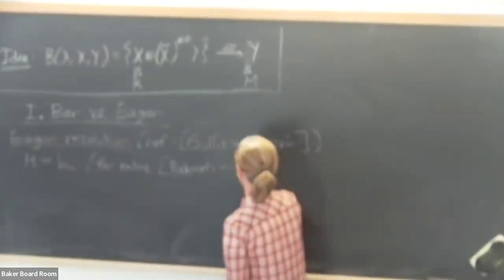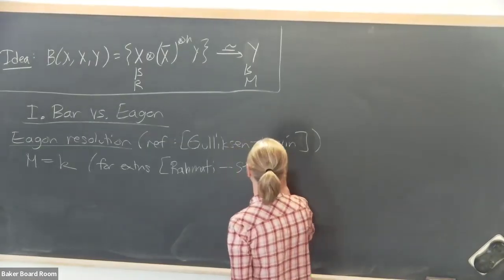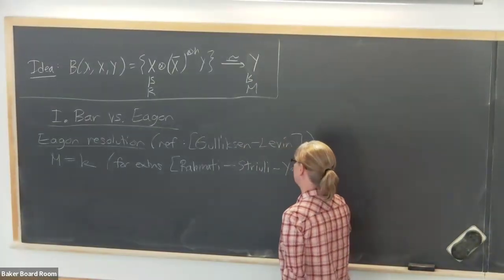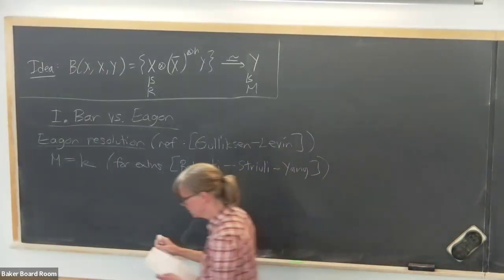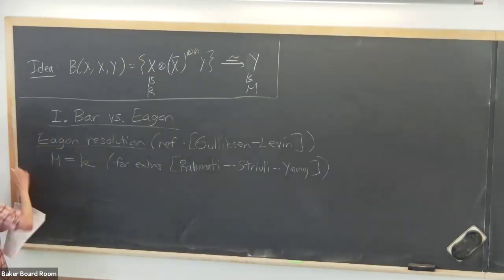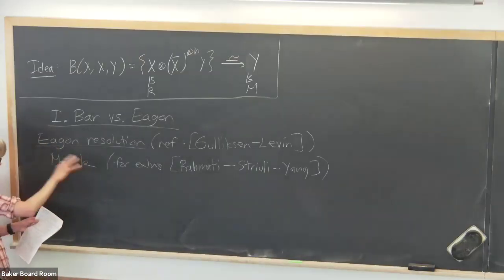So I'll tell you a bit. It's a resolution of the residue field, so the module that is being resolved is just the residue field. There have been extensions, some of which appeared in the work of Rahmati, Driuli and Yang, but they're a little off topic from where I'm going.